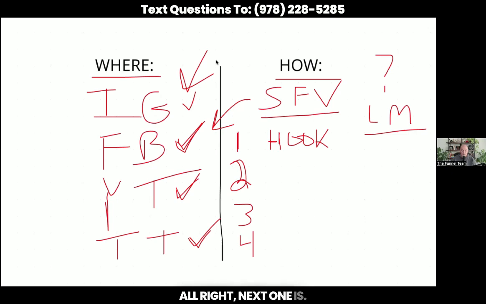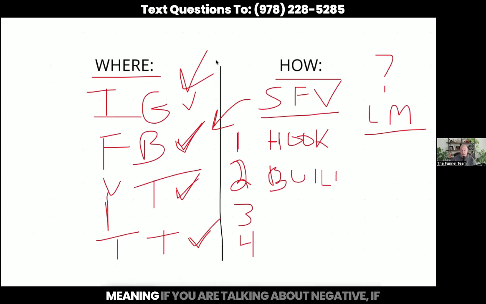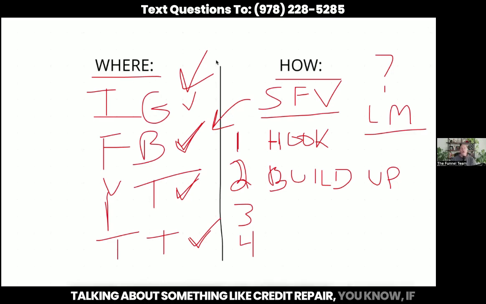All right, next one is, okay, I'm going to try to spell this out right here. Next is your build up, okay? You're going to build up that hook, meaning if you are talking about negative, if you're talking about pain points, you're going to add some fuel to that fire, right? You're going to pour some salt in that wound. So if you use a hook, let's say you're talking about something like credit repair.